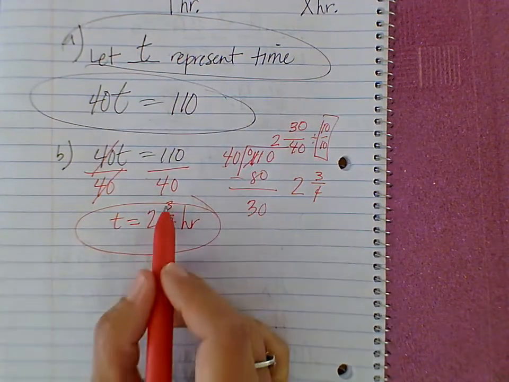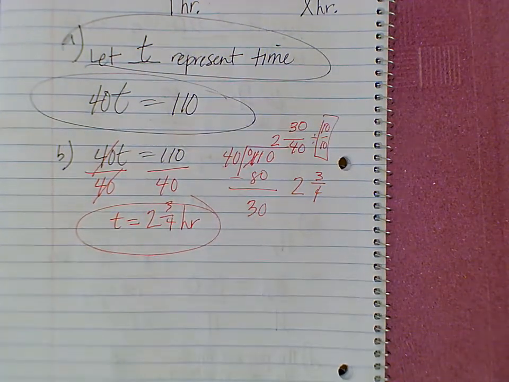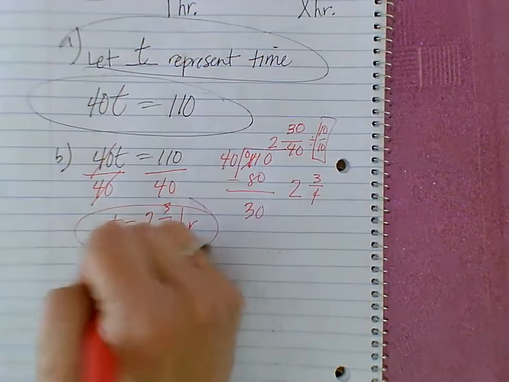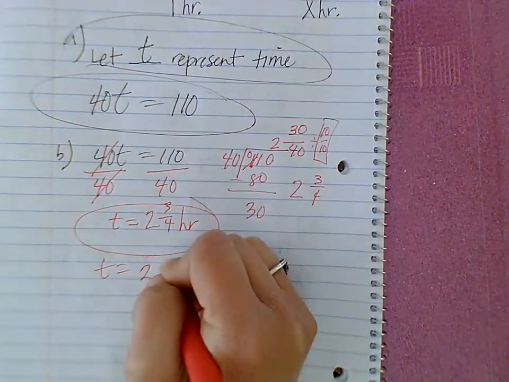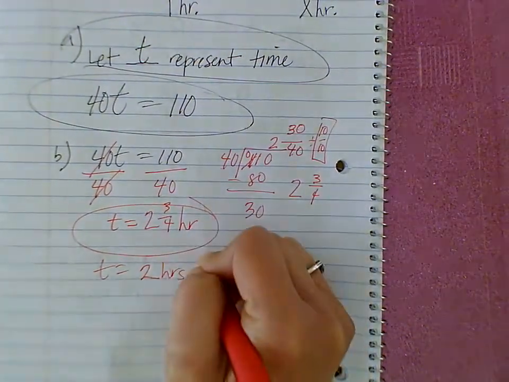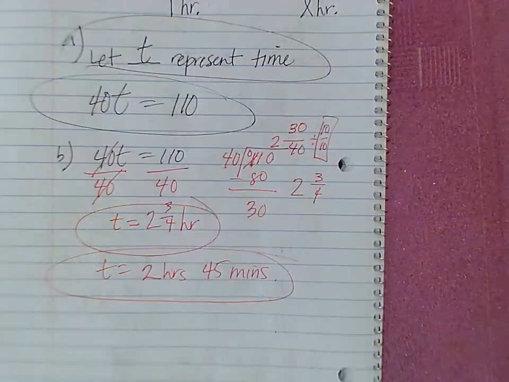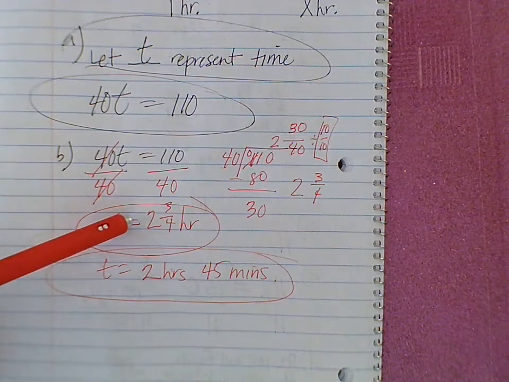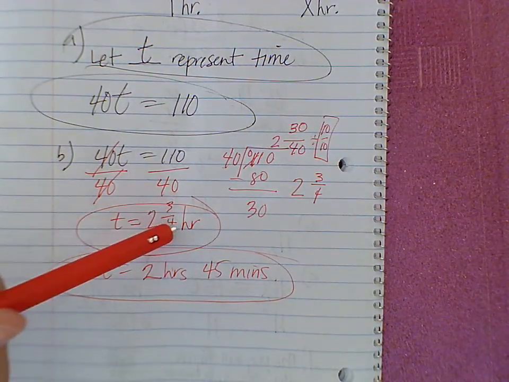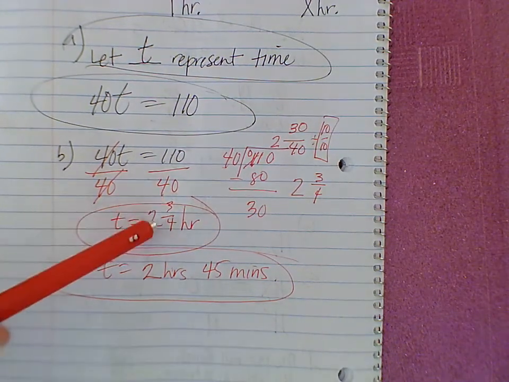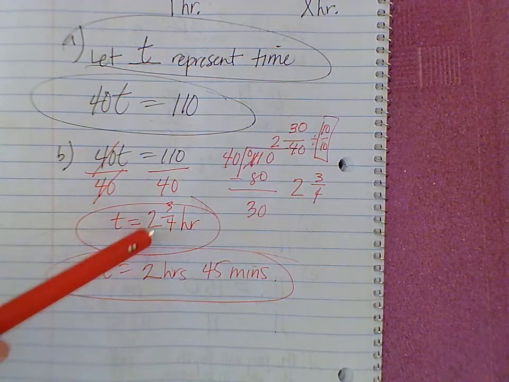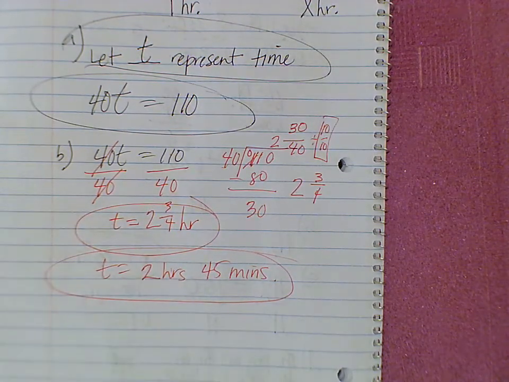Because 3/4 of an hour is 15, 15, 15. I want everyone to write that with me: 2 hours and 45 minutes, because that's how we would actually say it. Mathematically, 2 3/4 of an hour is not wrong. You probably hear people say it this way, and this is probably more common.